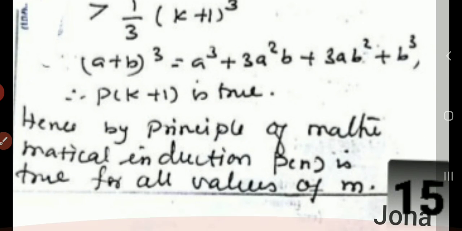So we can take the factors of the numerator as k plus 1 the whole cube. That's nothing but the formula of a plus b the whole cube. This is in the format of that. So I can conclude 1 by 3 into k plus 1 the whole cube. Therefore P of k plus 1 is true. So by the principle of mathematical induction, P of n is true for all values of n here.